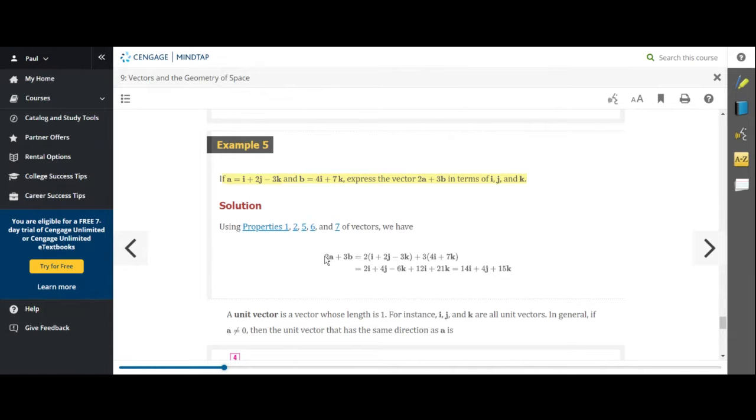And they show you that below. It's like combining like terms. You combine the i vectors, the j vectors, and the k vectors to get your final vector. Are there any questions so far?